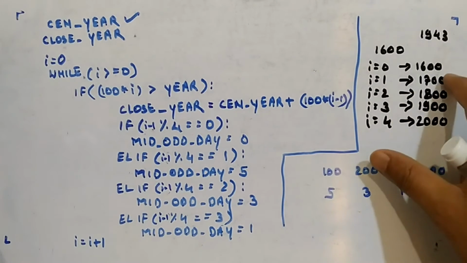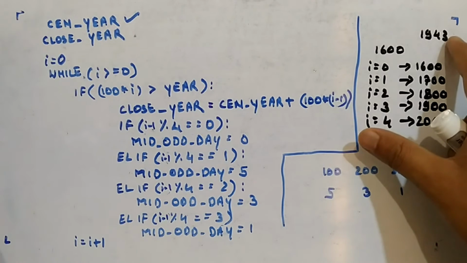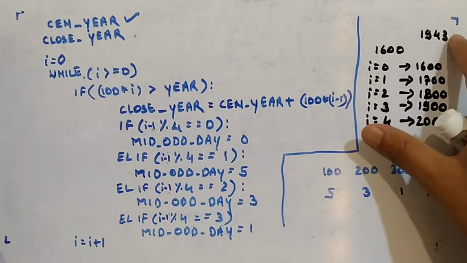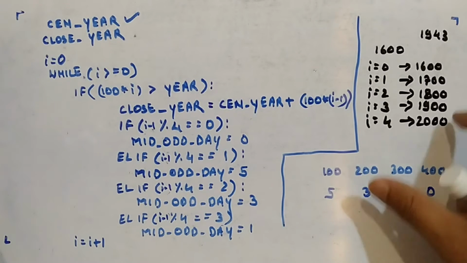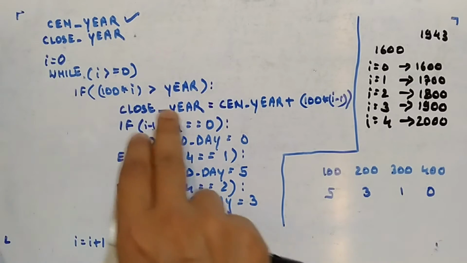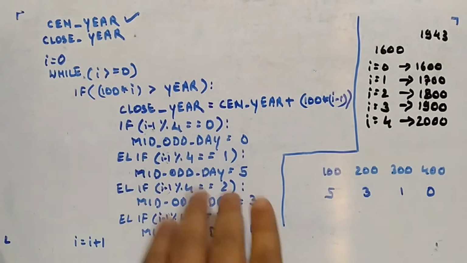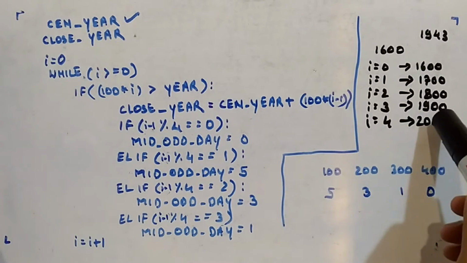Again it will try for I equal to 1, that is not greater than 1943. Then 1800 is not greater than 1943, 1900 is not, then 2000 is greater than 1943. So with I equal to 4, it will come down inside this.